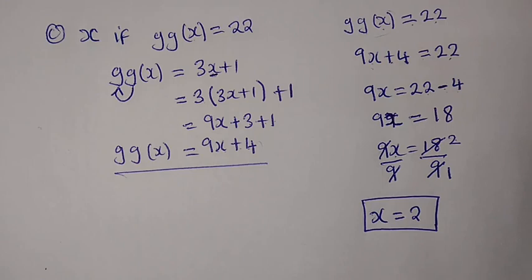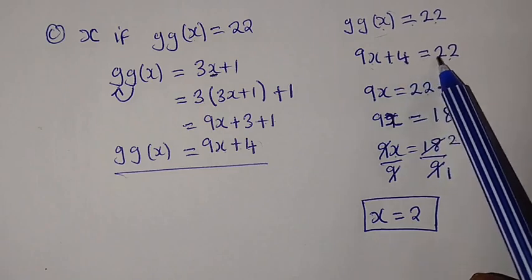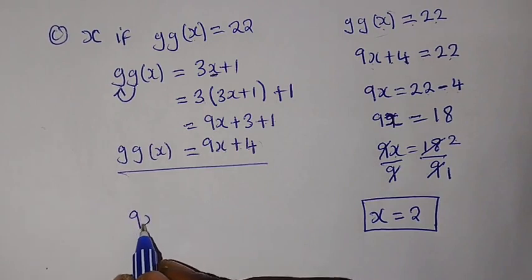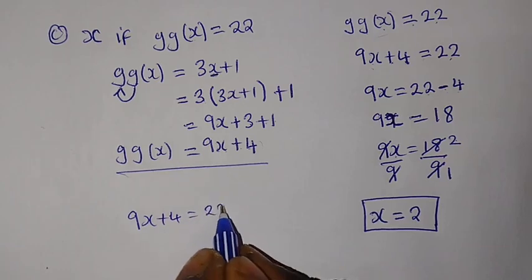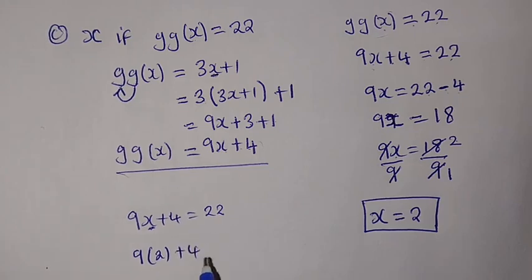If you want, you can prove, because they said 9x plus 4 is equal to 22. So just to prove, you say 9x plus 4 equal to 22. Where there is x, you need to substitute a 2. So when you have 9 times 2 plus 4, we will see if it will be equal to 22.